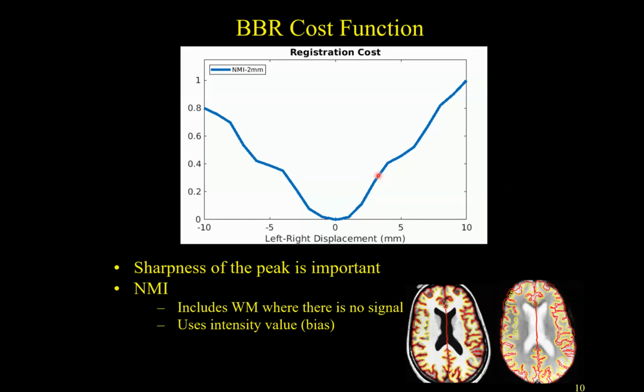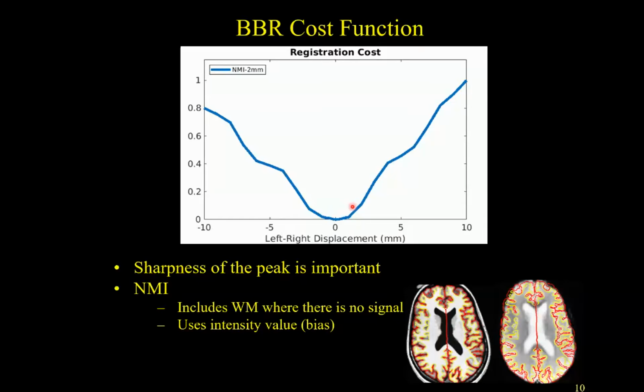So this is what the cost function looks like. In this case, this is from normalized mutual information, which is what SPM uses. This was developed, I don't know, around 1990 or so to do cross-modal registration, and has been kind of a standard in neuroimaging for a long time. The way this works is that the x-axis is a displacement.